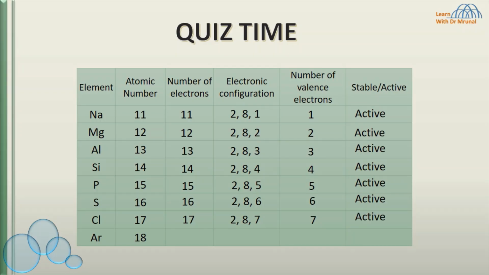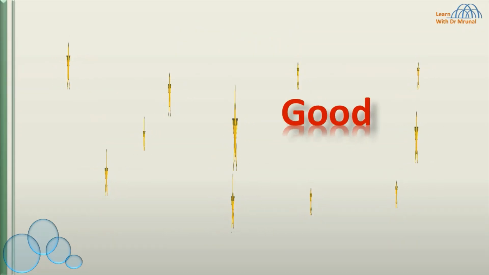Again, you can see that its octet is not complete. Argon, tell me whether it is active or stable. Correct, it is stable because it is having 8 electrons in its outermost shell. Its octet is complete and that's why it is stable. Good.